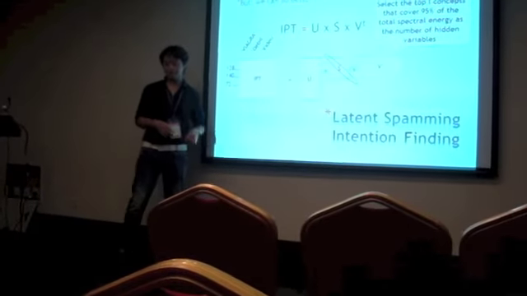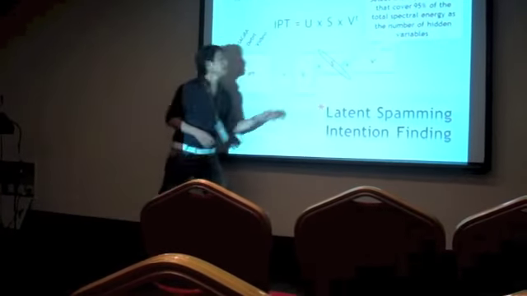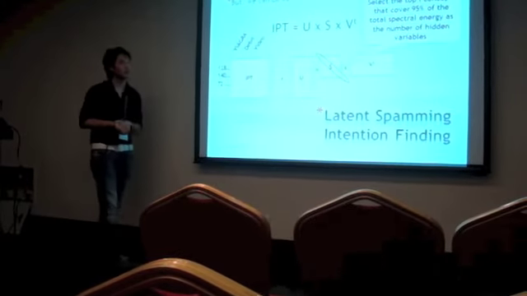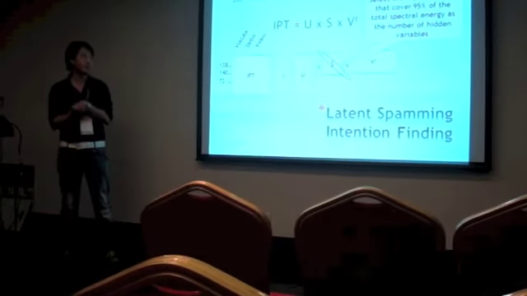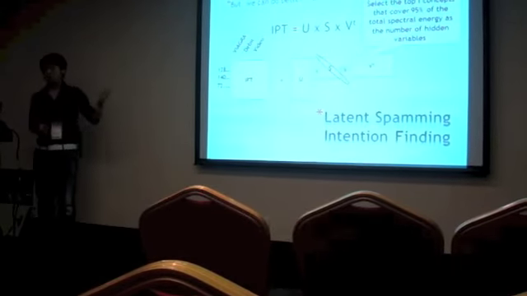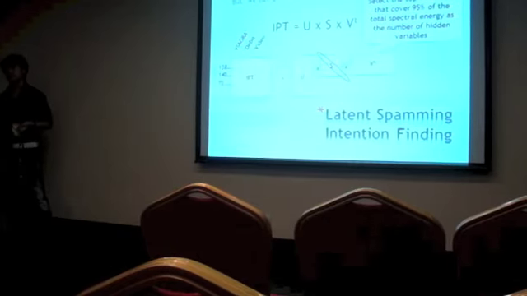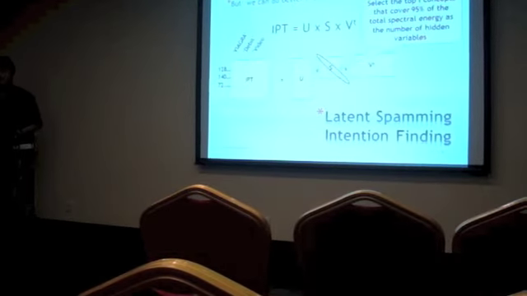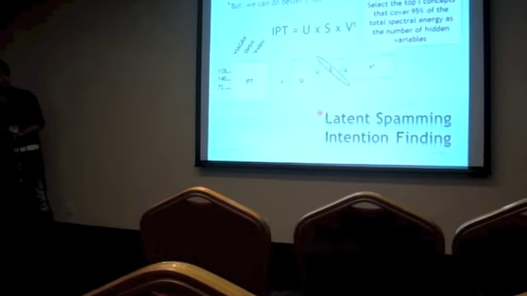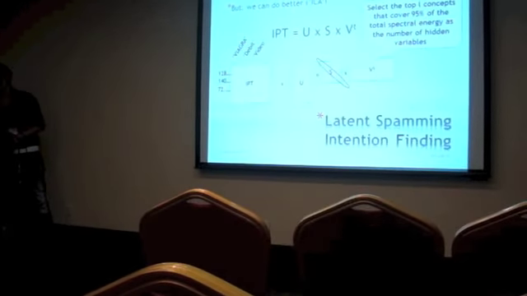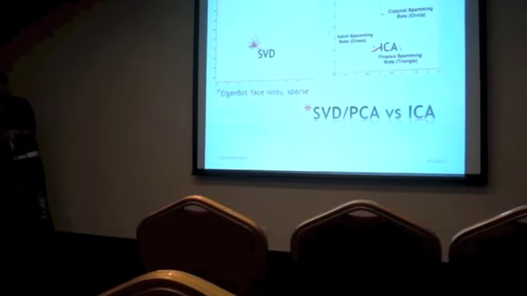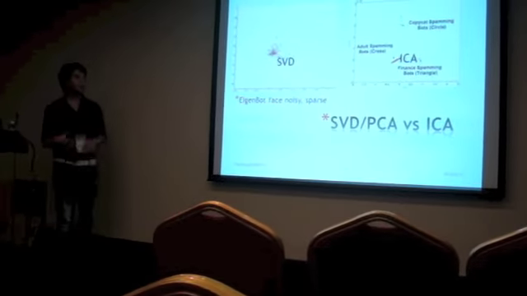We select the top L concepts that cover 95% of the total spectral energy as the number of hidden variables. Actually, in this work, we found 3 to 5 concepts are the most appropriate. Later we do some practical analysis.